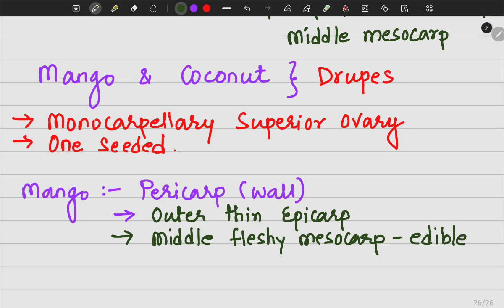The part of the mango which we eat is the mesocarp. And there's an inner stony hard endocarp.